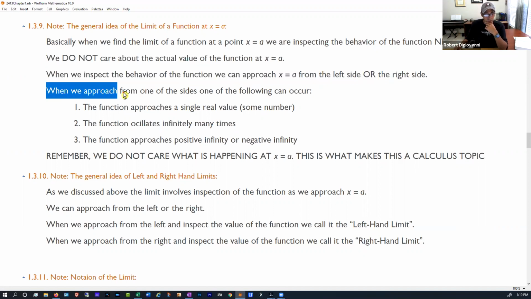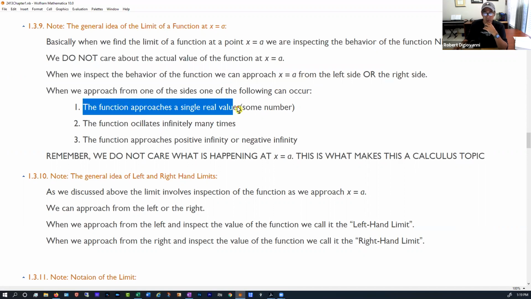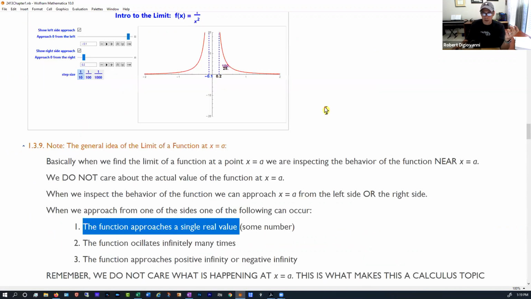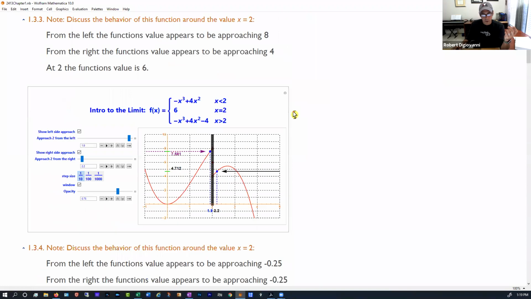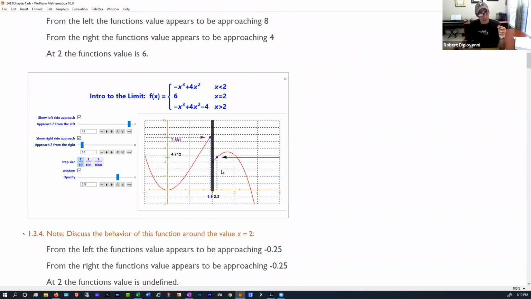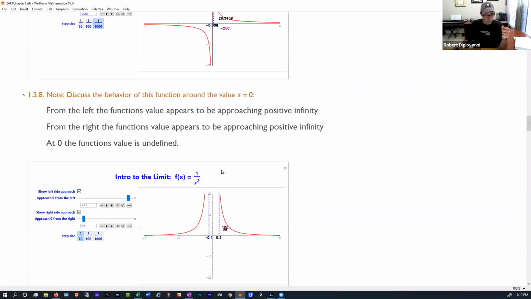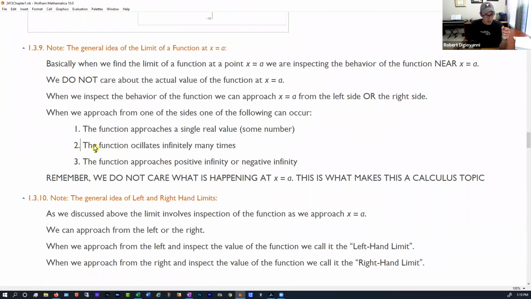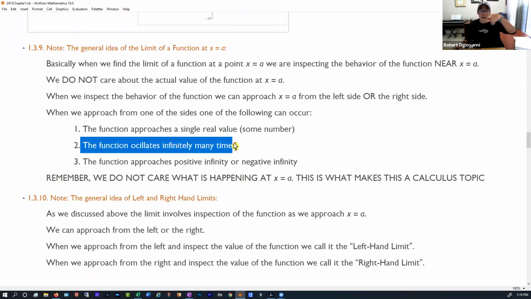When we approach one of the sides, one of these three things can occur. Either the function approaches a single number, like on these that we did. As we came in from the left, it looked like it was headed to 8. From the right, it looked like it was headed to 4. Or it can oscillate infinitely many times, we saw that with that weird one.